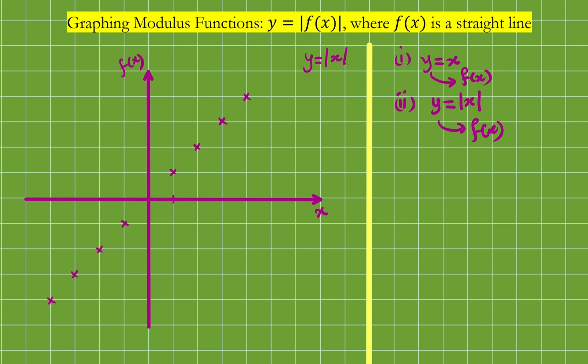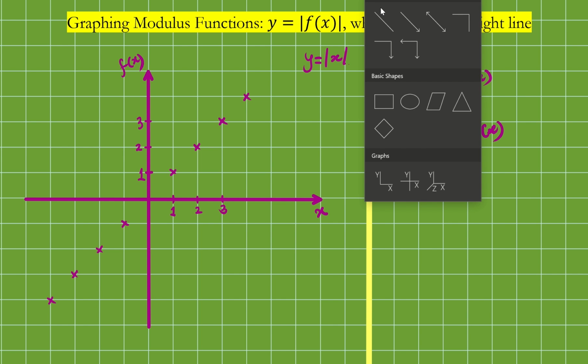So if this is 1, that's the value of x, then the value of y will also be 1. If you trace it, you will see that they meet at that particular point. And if this is 2, the value of y also is 2. If this is 3, the value of y also is 3. And it's the same also in the negative quadrant. So that's what you have.